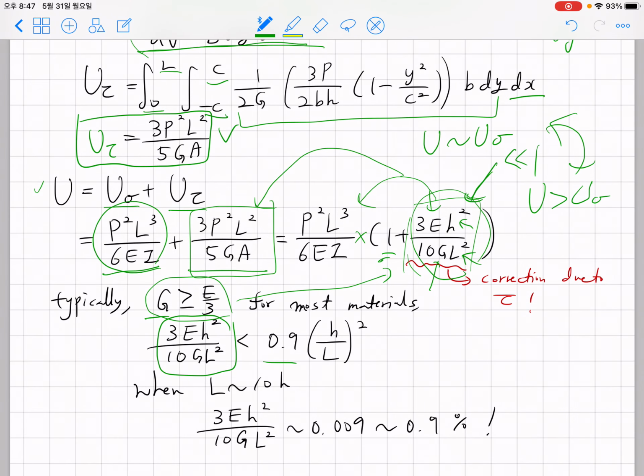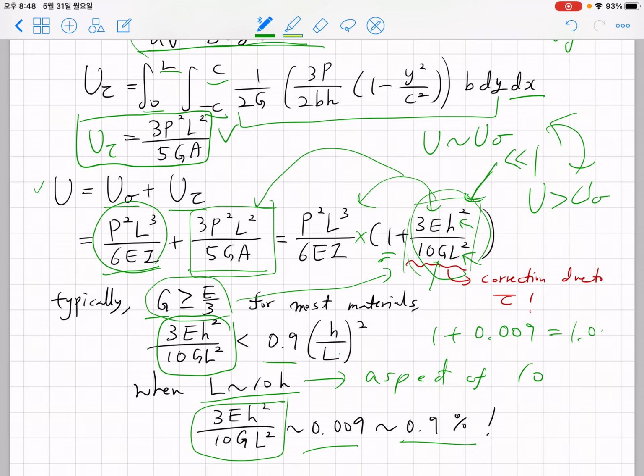Now, when L is about 10h, which means an aspect ratio of 10, h over L is 0.1. The correction factor becomes 0.009, which is 0.9%. Compared to 1, please imagine doing 1 plus 0.009, which becomes 1.009.